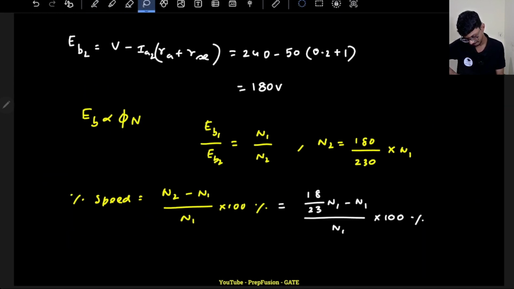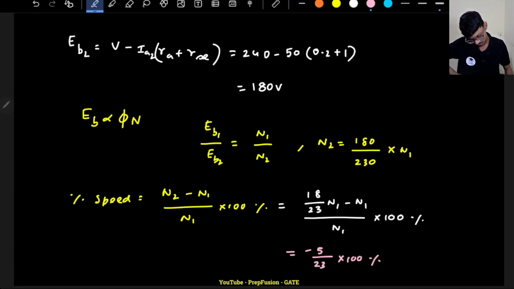So this will be equal to minus 5 by 23 into 100%. Okay, so 5 divided by 23 into 100, so minus 21.74%. So speed is reducing actually because the back EMF has reduced. So minus 21.74%. The negative sign here signifies speed reduction.